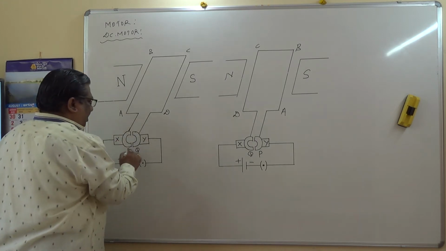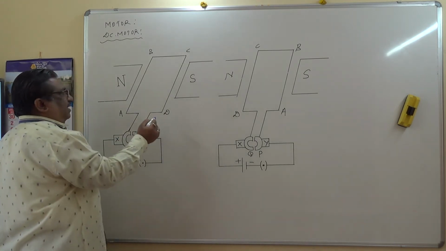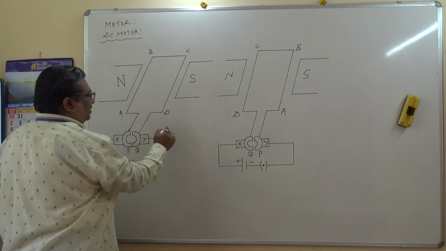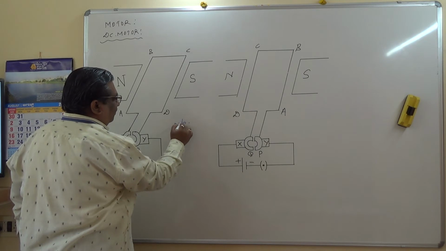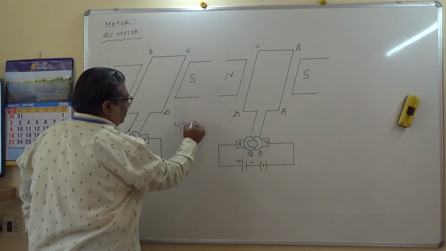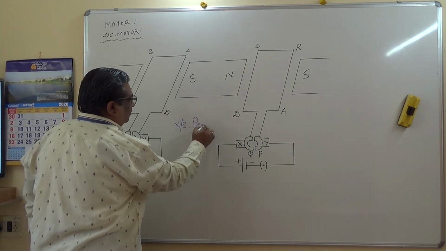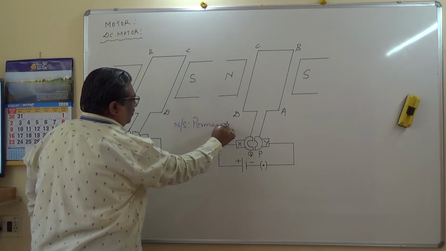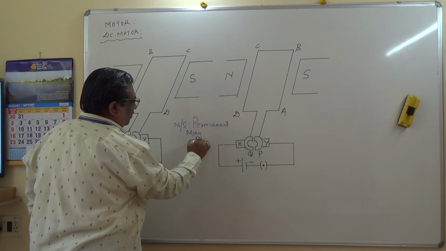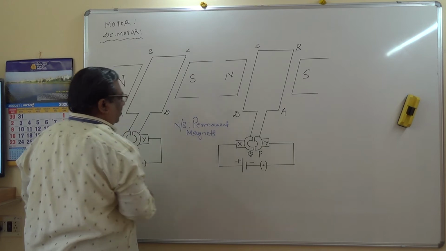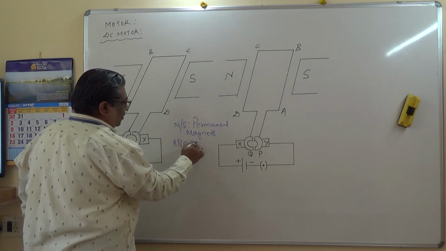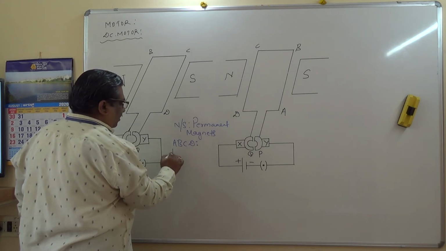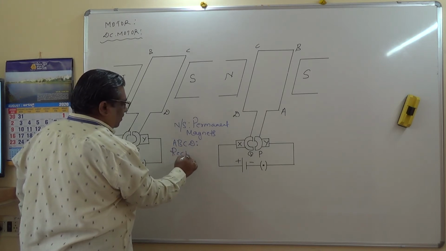Here I will label it: N and S are the permanent magnets. ABCD is a rectangular coil.